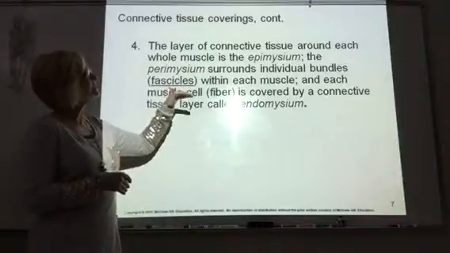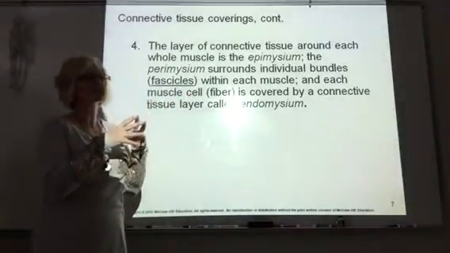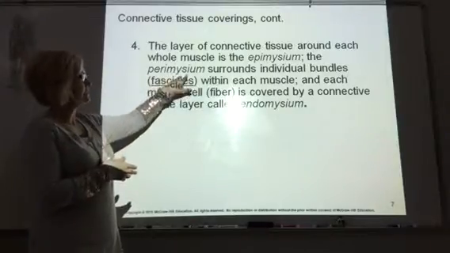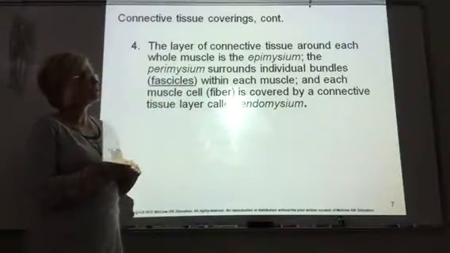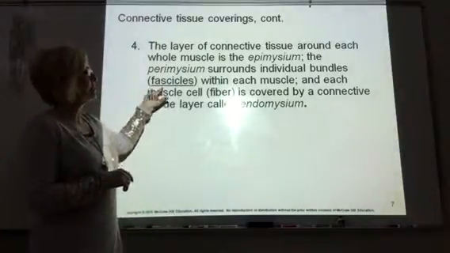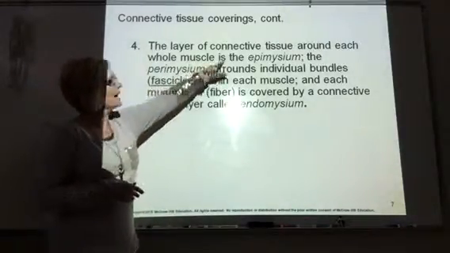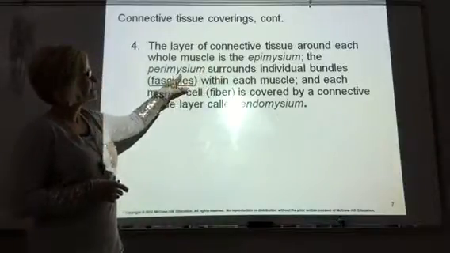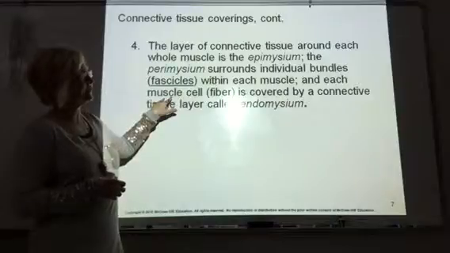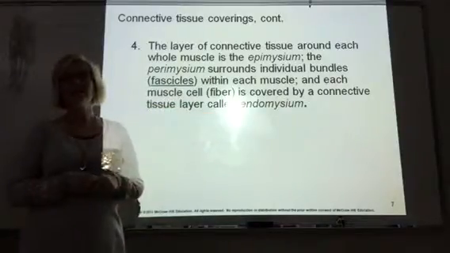So epimysium covers the whole entire muscle. Perimysium is going to separate little bundles that make up that muscle. So this is outside, this is further in, and then each tiny cell or fiber is surrounded by an endomysium.